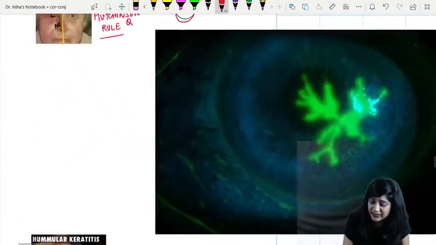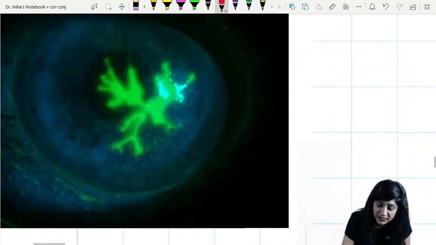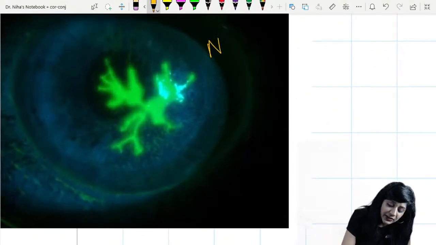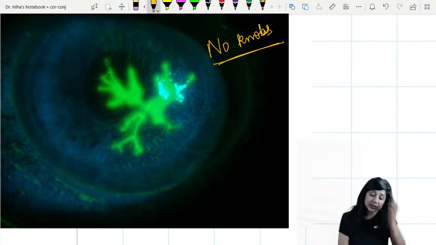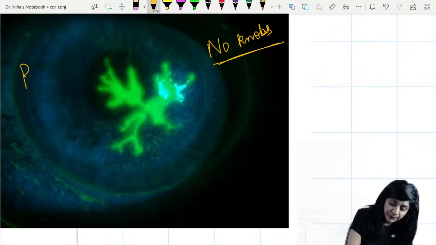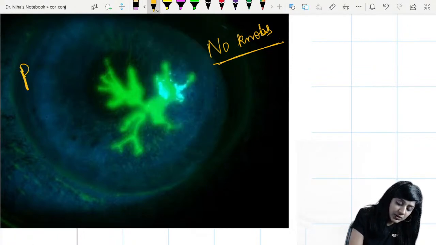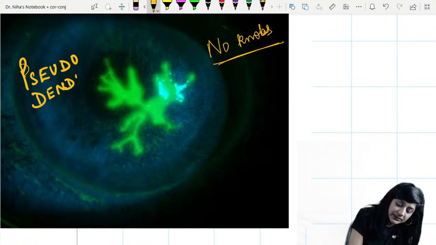And the important thing is this. Look at this, what is this? Can you see here I am not having knobs, no knobs, but I am having the dendritic pattern. So this is your pseudodendrites.